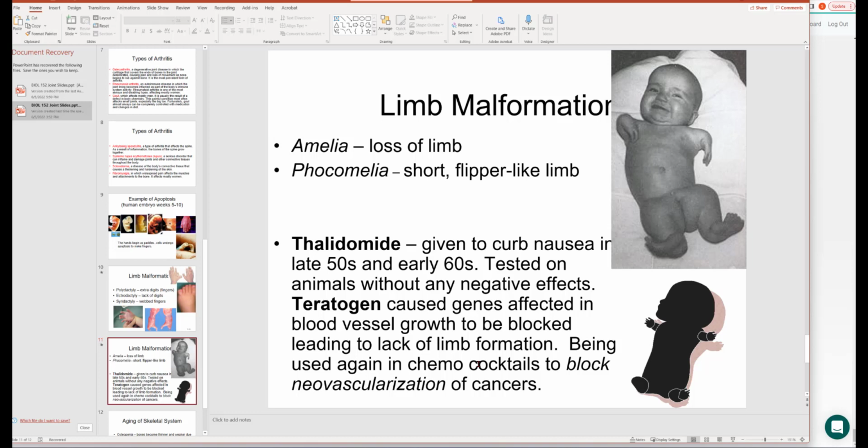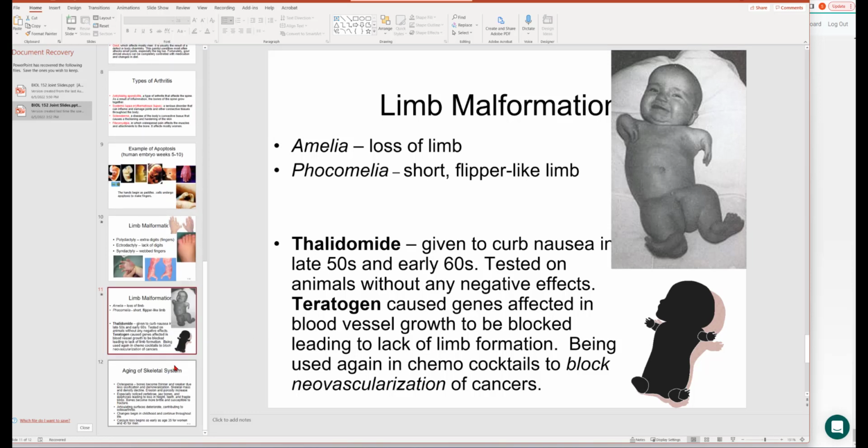They need to have more blood vessels to support those cells in the tumor. So one way of combating a cancer is to block angiogenesis or neovascularization, right, the formation of new blood vessels. And so thalidomide is sometimes included in chemotherapy cocktails to help block the formation of blood vessels, which helps to shut down the ability of tumors to grow.